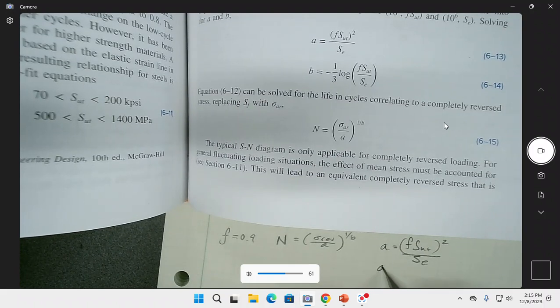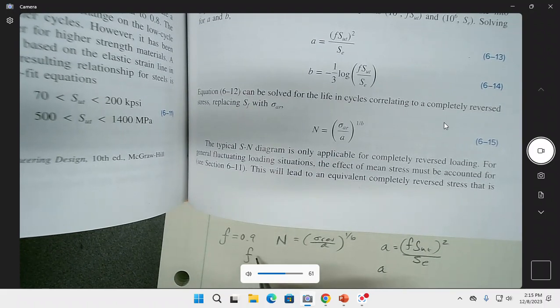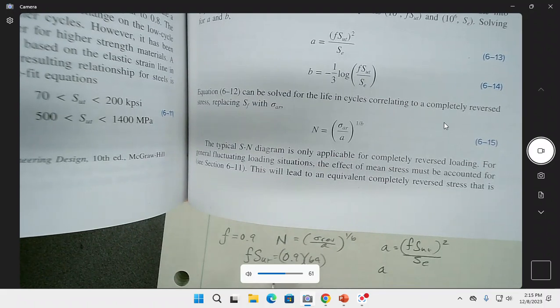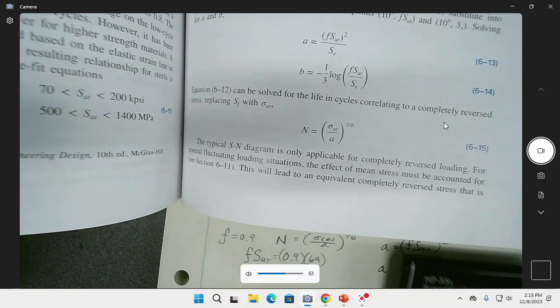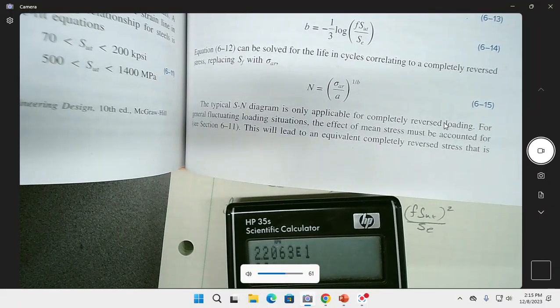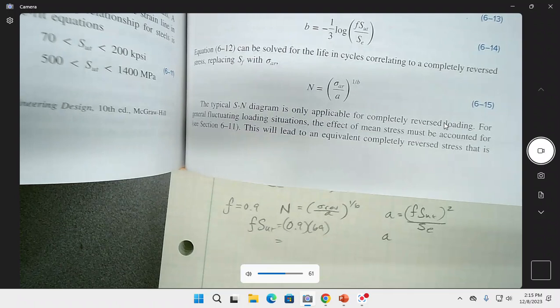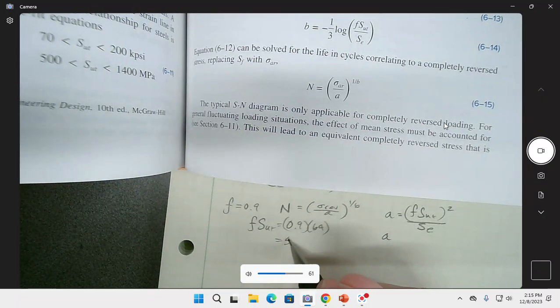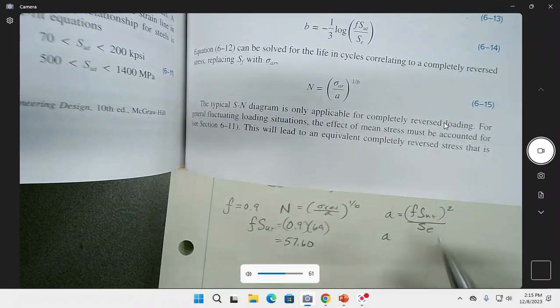Let me write this out. A lot of times it's just convenient to write these two together. 0.9 times 64 is 57.6 KSI.